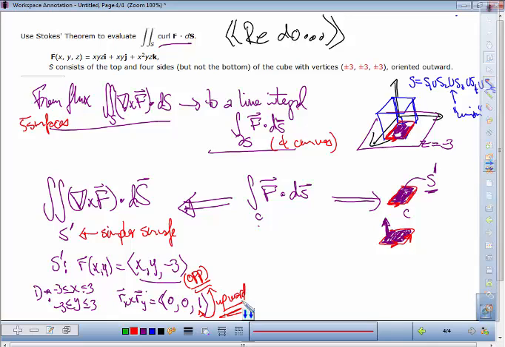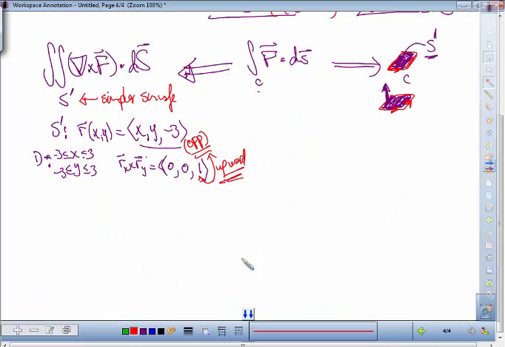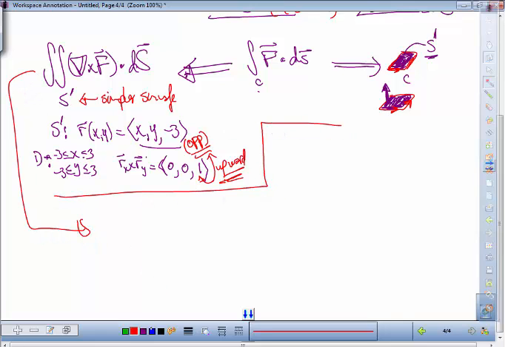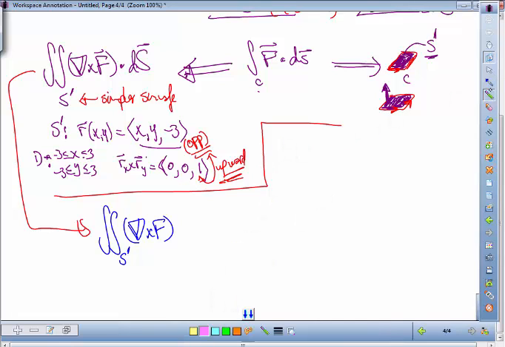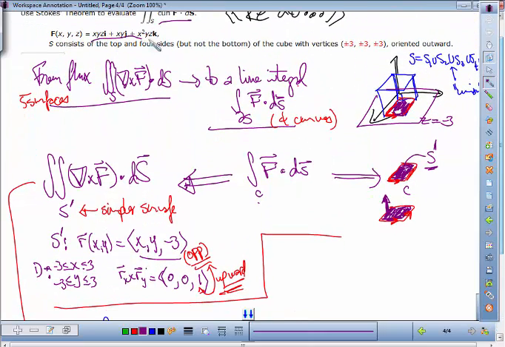All right, let's get our integral set up. Our integral over this S prime is going to be, I don't know why I'm writing this over again. Oh, I need to find the curl. Not done yet. We need to find the curl of this because we went back to the curl, right? So we need the curl of f.